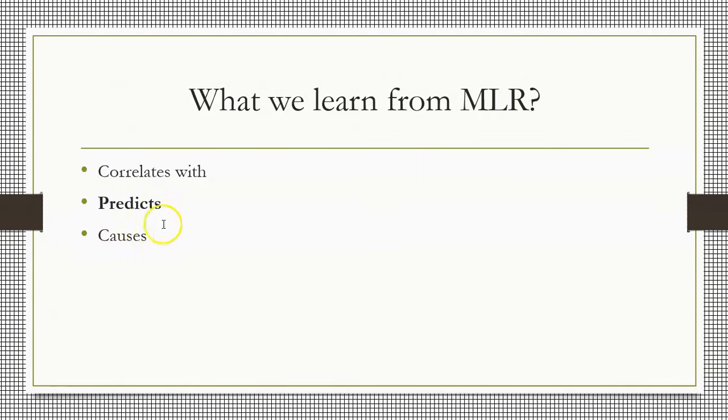We want to be careful of our language. Sometimes people will use correlation language when we're talking about linear regression, but we're not really looking to see what variables correlate with each other. We're looking to see whether variables predict, whether a group of x's predicts a y, not correlates with. So that's just more precise. We're also not looking to see whether something causes, whether increases in this cause an increase in this. You might come to a reasonable conclusion in your head that it's the case, but you would need quite a bit of evidence of different kinds, which is a whole different topic.